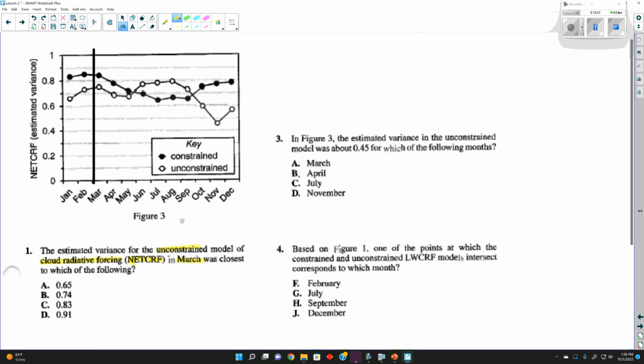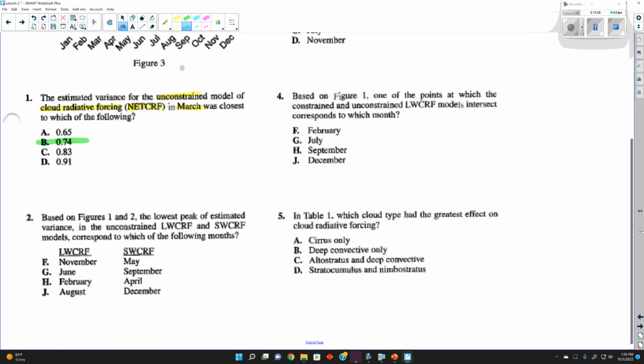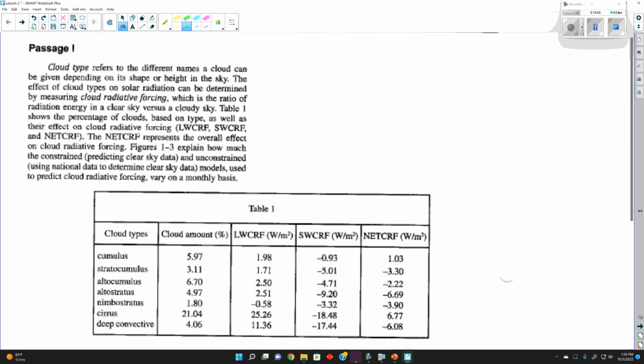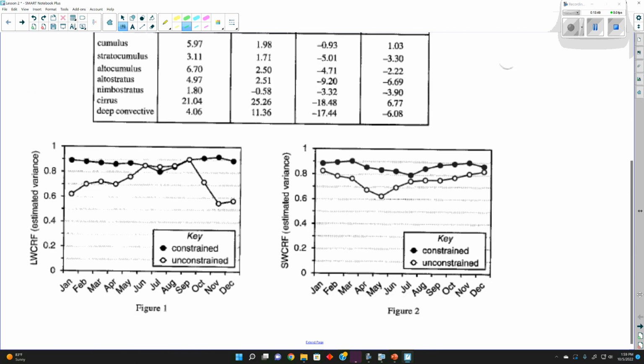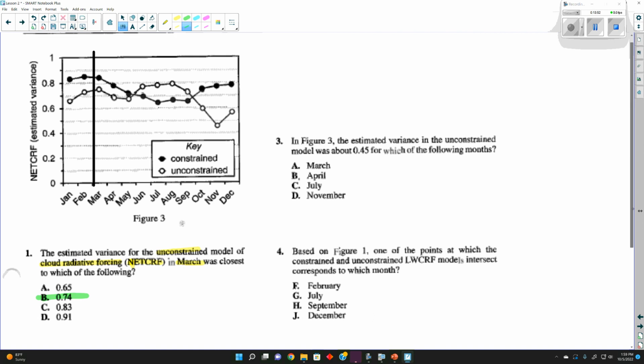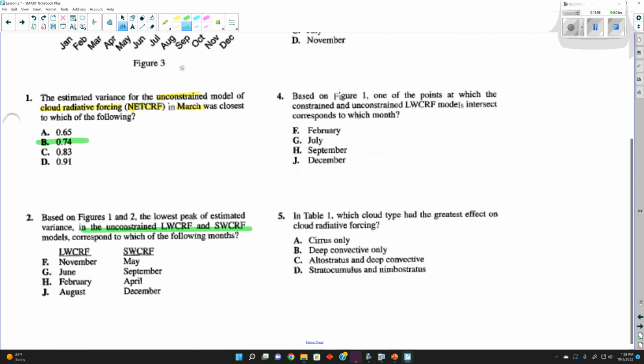So the correct answer is B. Let's look at the next one. Based off figures 1 and 2, the lowest peak of estimated variance in the unconstrained models corresponds to which of the following months? So figure 1 and 2. So lowest estimated variance.